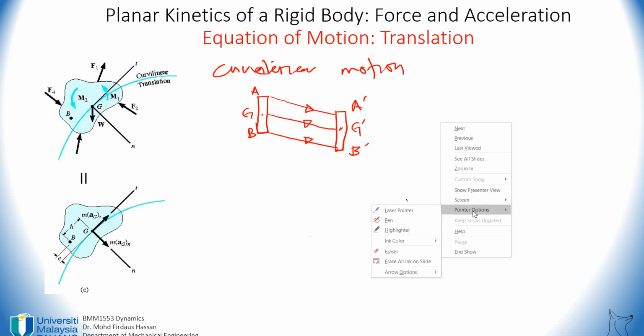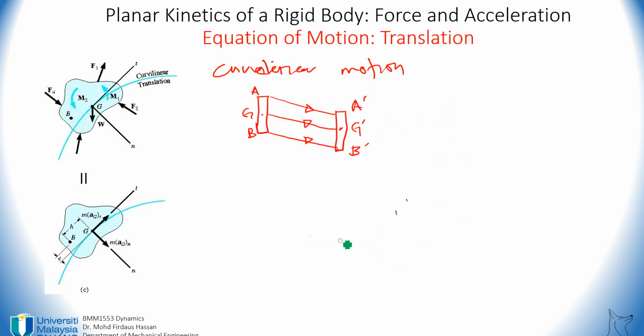But consider from A to A prime. It could have a straight path, but it has this kind of path. From A, it travels like this and goes to A prime. Similar for G, it travels like this, and similar for B. So for the green path, A, G, and B are the same, but they are not linear.